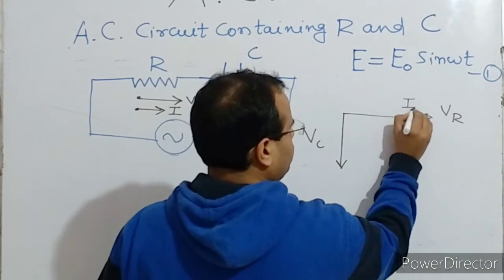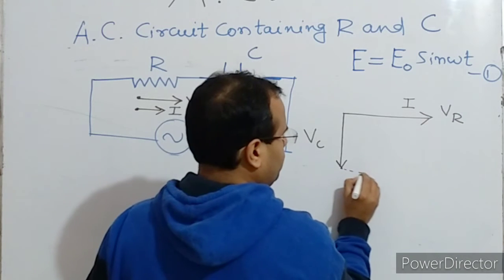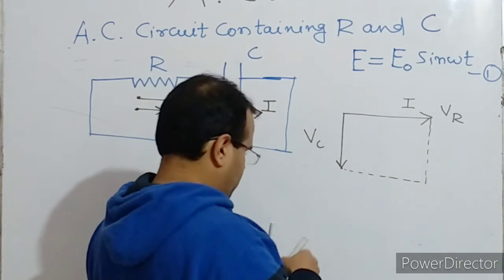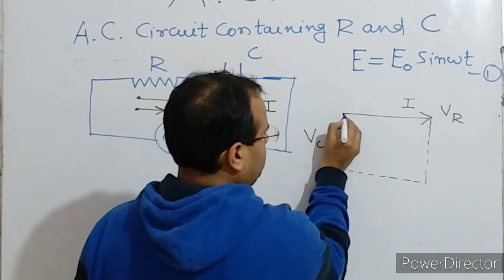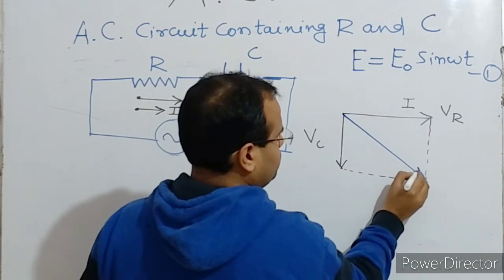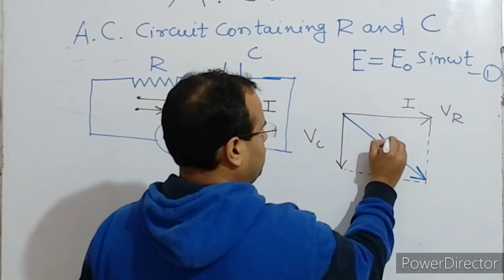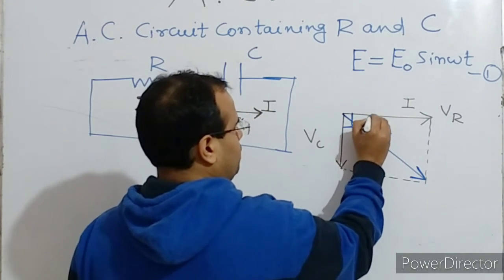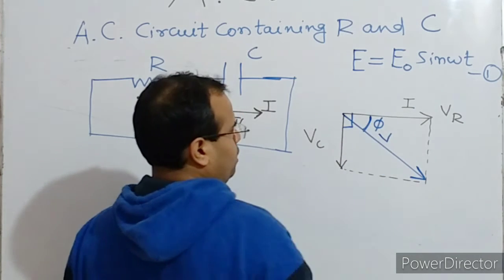This is also the direction of the current. If we complete this and find the resultant, this is the resultant V, and this is 90 degrees. This angle is the phase angle, phi.